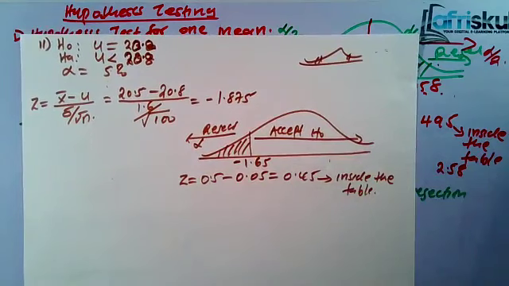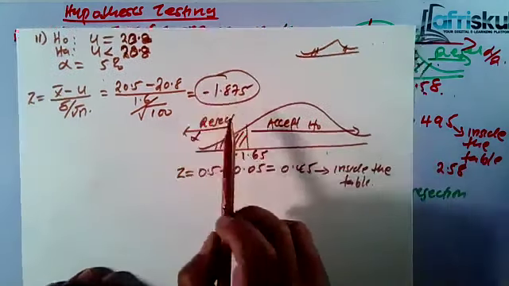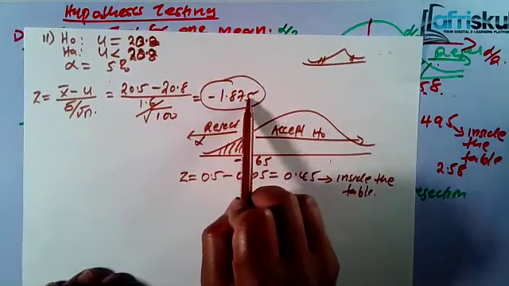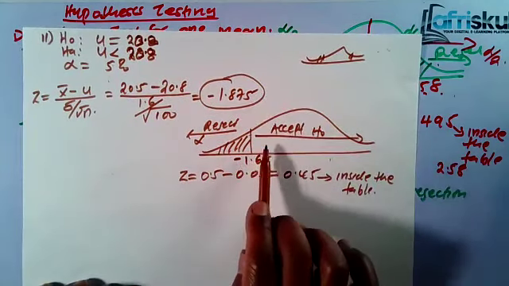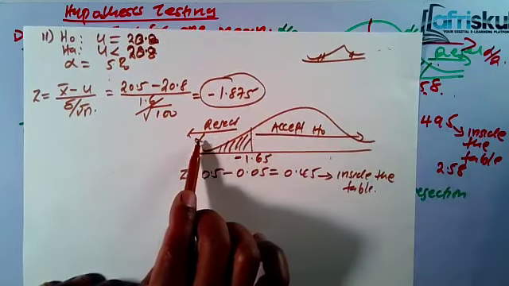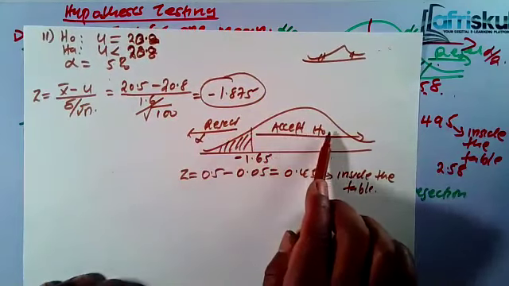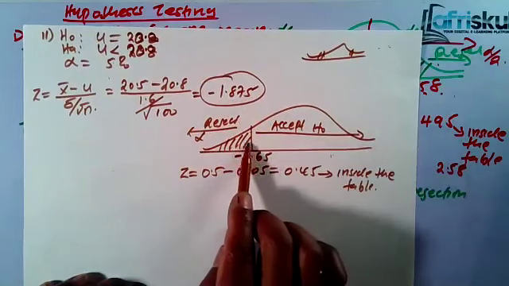Now let's make a decision. If you want to know when to accept, when to reject, unaangalia hii. The calculated Z is negative 1.875. Unaangalia hapa. Does it fall in between acceptance or rejection? Kumbuka ukienda hivi ina increase kuwa negative, ikiwa hivi inaenda kureduce kuwa positive. So 1.875 automatically uko huku.